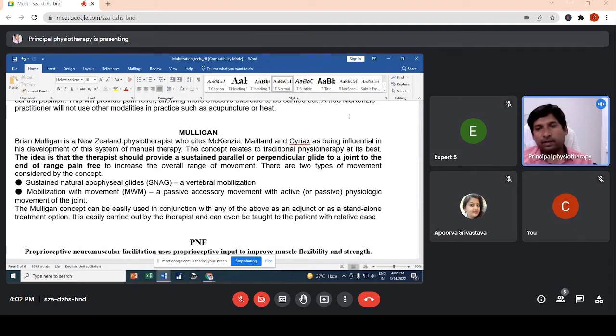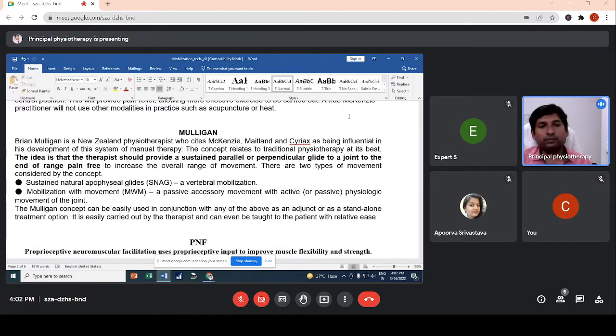Basically, there are 2 types of movement considered by the concept. First is SNAG movement, and second is MWM. SNAG is known as sustained natural apophyseal glides.